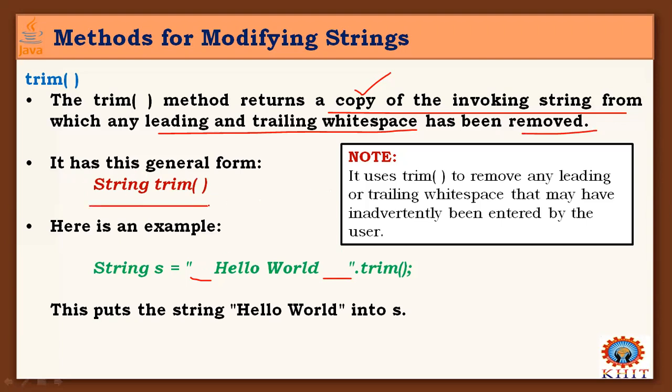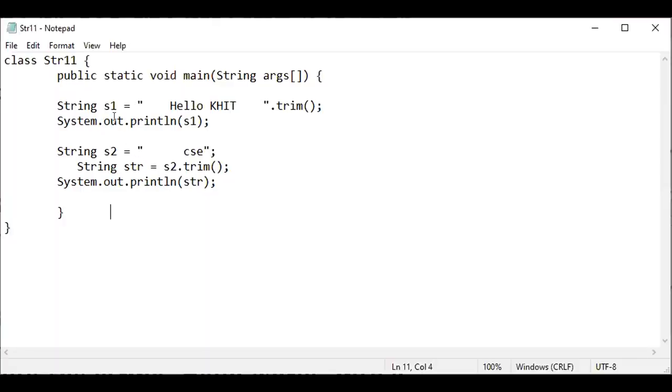The general form of this method is string.trim, and this is the example. After applying this trim method to this string, it removes these white spaces before and after this word, and simply displays hello world on the screen. It stores the resulting string into this string object. Go to the execution of this one. For your convenience, I have taken two examples here.